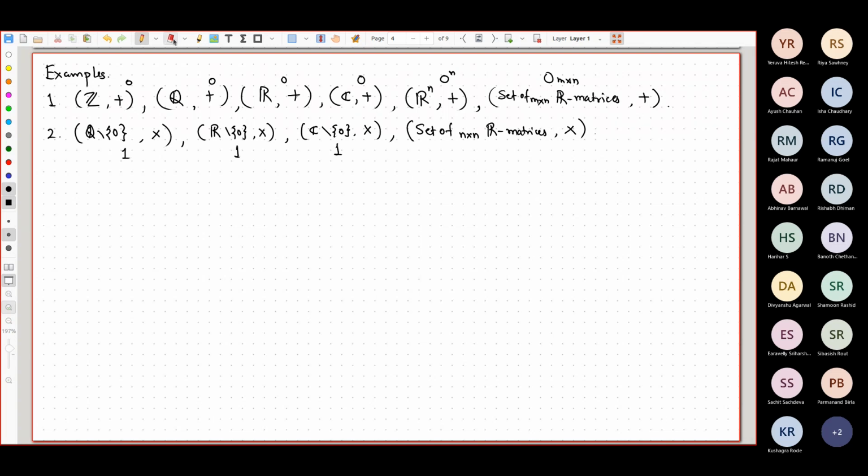Now, if we define a group over matrices under multiplication, the identity obviously has to be the identity matrix n cross n. So instead of the set of n cross n real matrices, I should write the set of n cross n invertible real matrices, or equivalently matrices which have non-zero determinant.